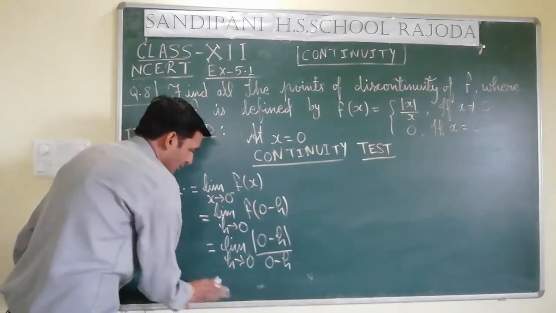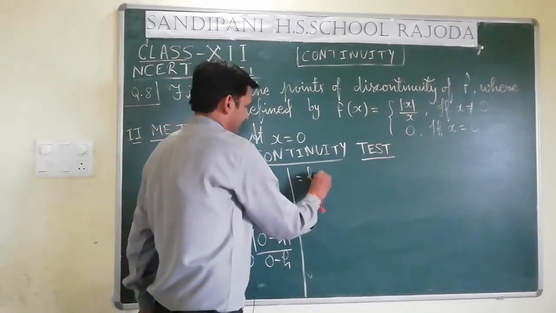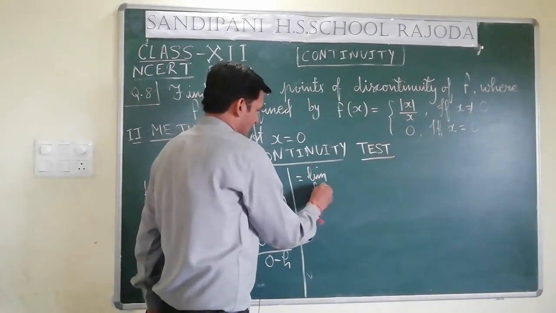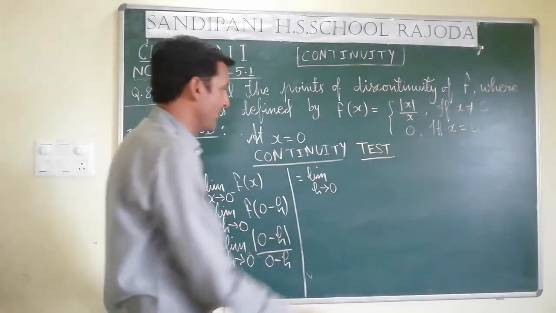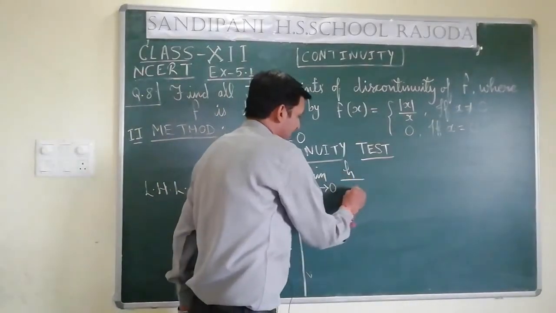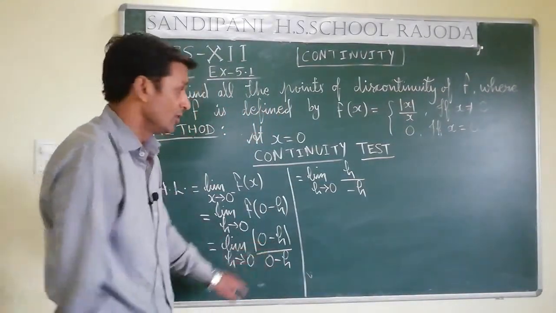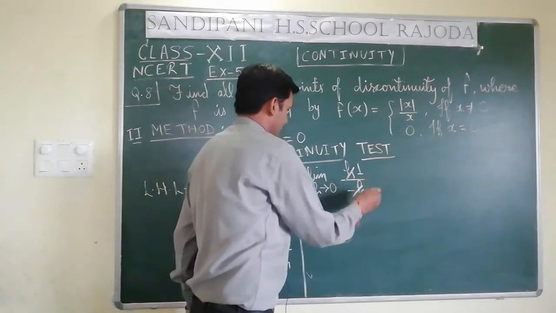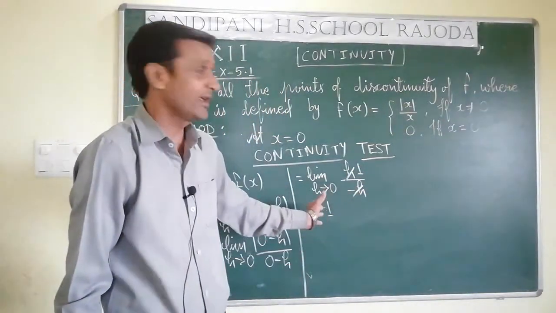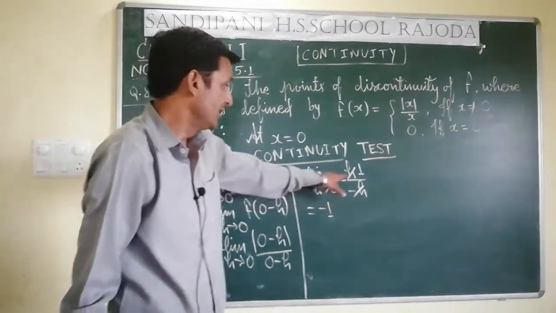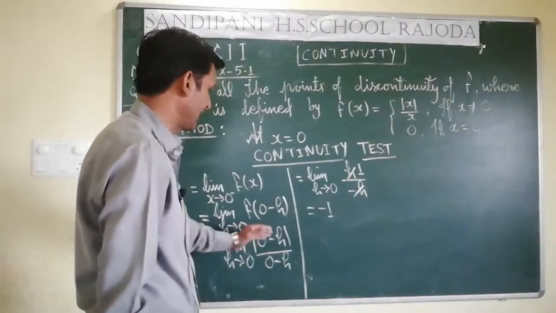So, it will be equal to limit h tends to 0, negative h is there in modulus, it will become positive, and here it is negative because 0 minus h is minus h, here it will become positive. So, it is directly minus 1. No need to write here on solving limit because this h is cancelled already. So, it is minus 1 directly.